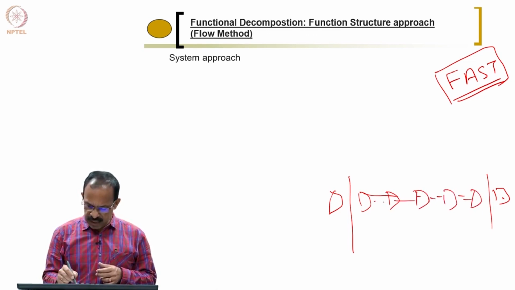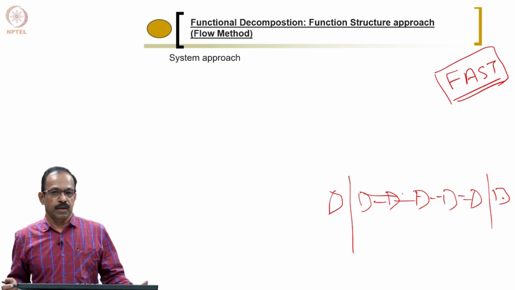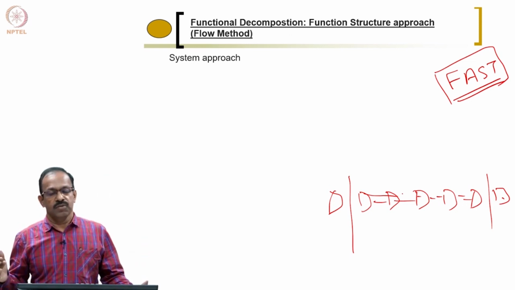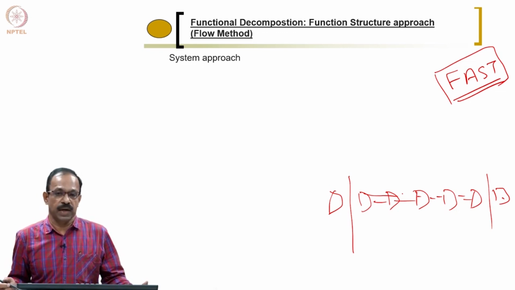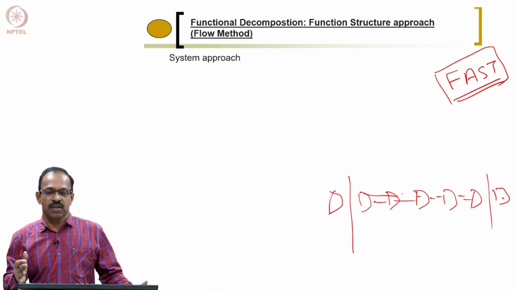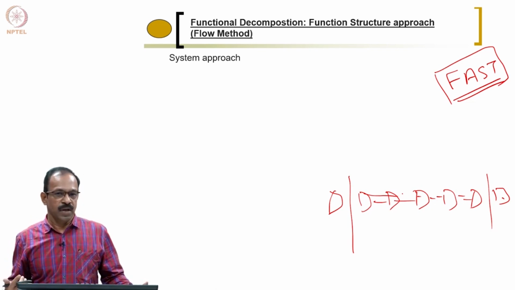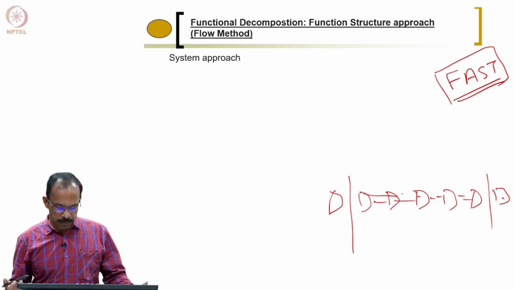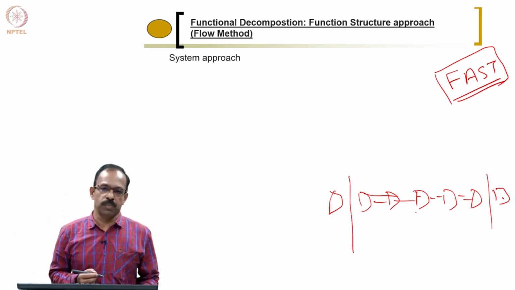So, this FAST method is useful when you have one critical path function or one critical path. Most products will have more than one critical path. It may be doing 2 or 3 things simultaneously, and all 3 may be critical in that particular product. For such products, this FAST method may not be a suitable one.